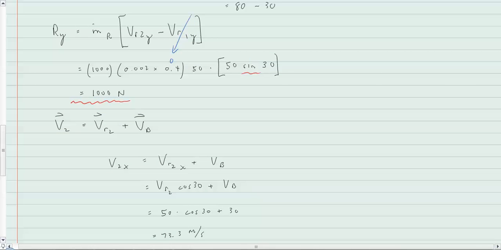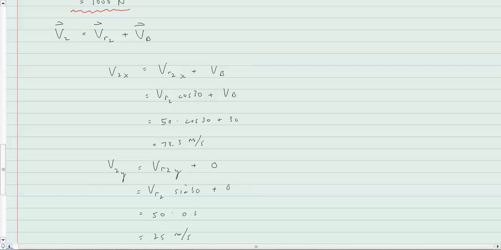We repeat that process for Ry, and we calculate 1,000 newtons. To calculate V2 relative to a fixed reference frame, we recognize that it is made up of a relative velocity exiting plus a velocity of the blade.